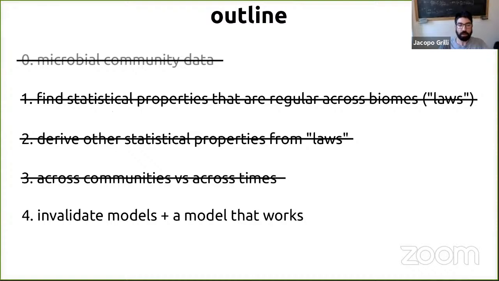Great. So at this point, one can stop and ask, is this due to some technical properties? Am I finding the variation, these regularities, because I'm always sequencing and collecting data in the same way?